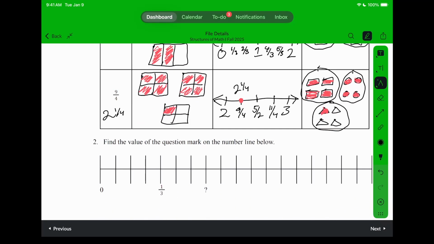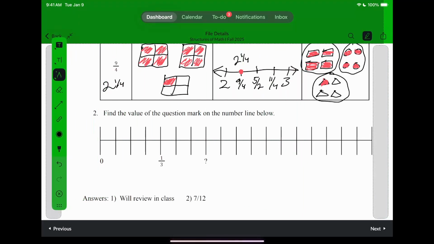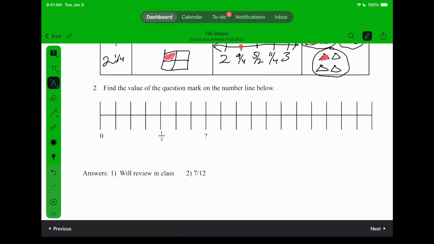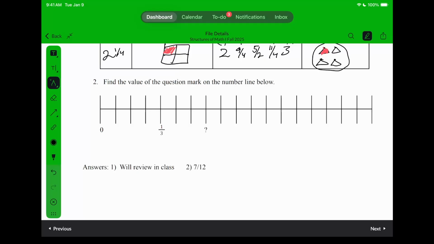Next, we're going to find the value of the question mark on the number line below. But all we're given is 0 and 1/3. This may look intimidating. However, it is very simple. Because if we know from here to here is 1/3, then we just know how big 1/3 is.